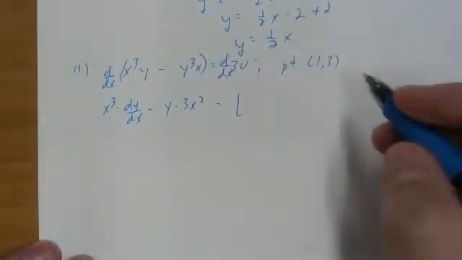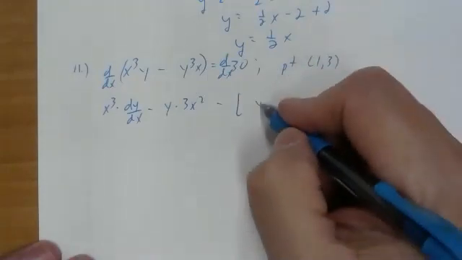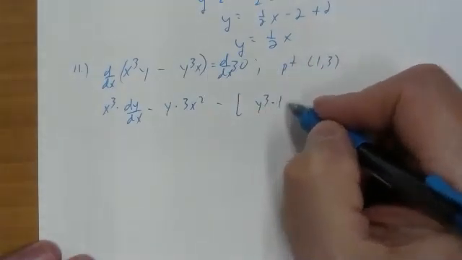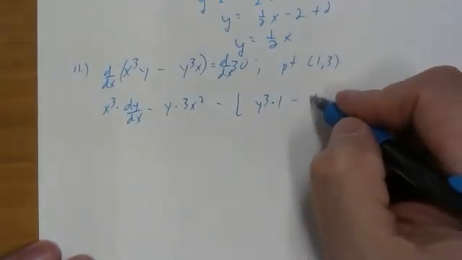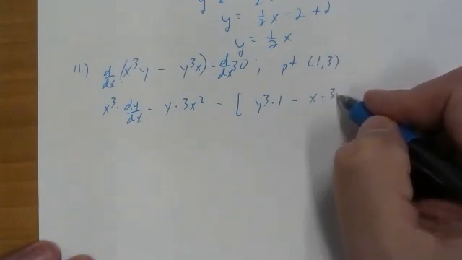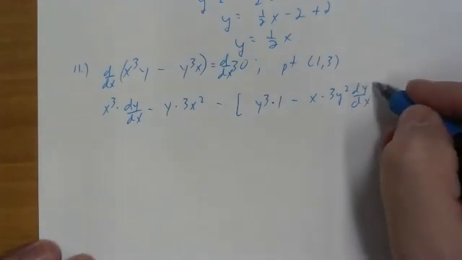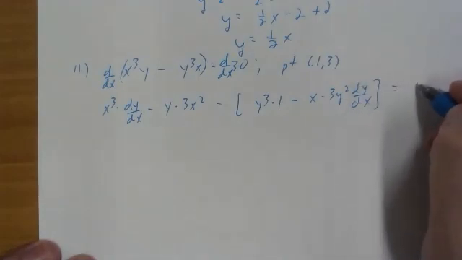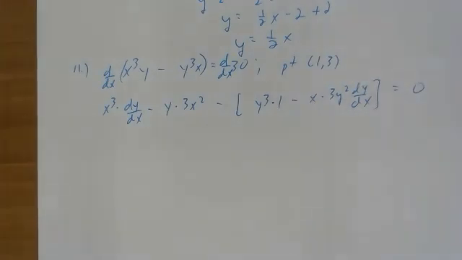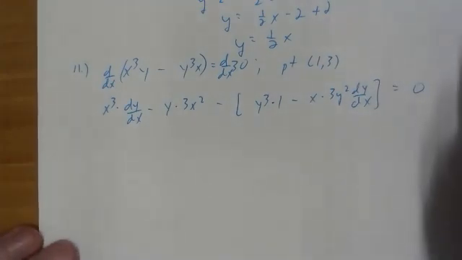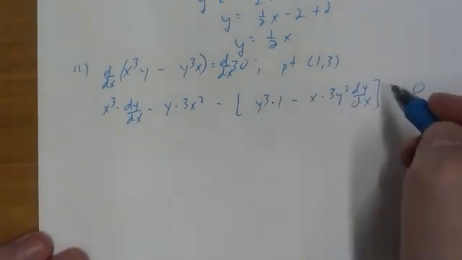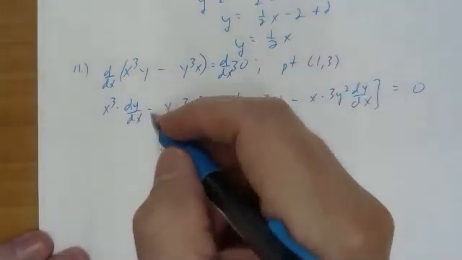Minus, now the derivative of this, product rule again, the first times the derivative of the second minus the second times the derivative of the first, equals 0. So let's clean all this up a little bit.